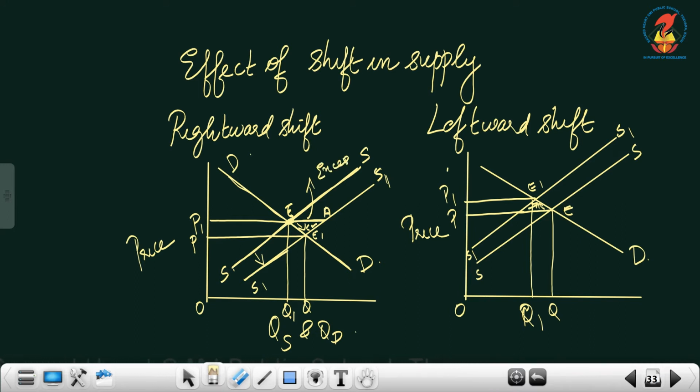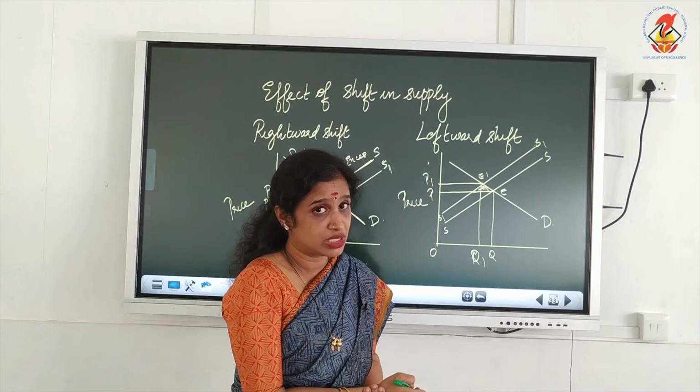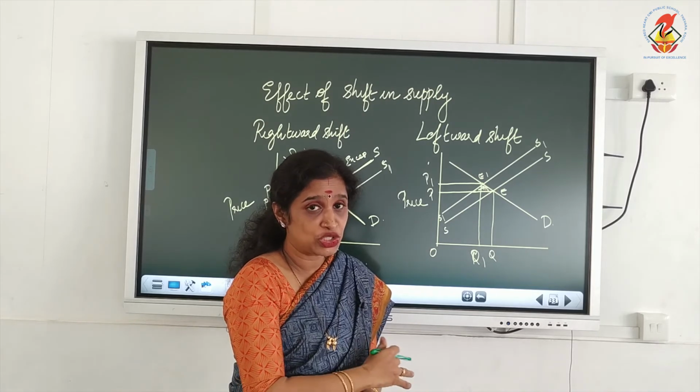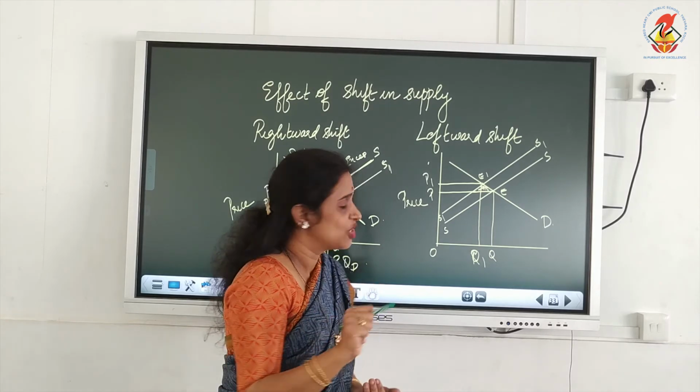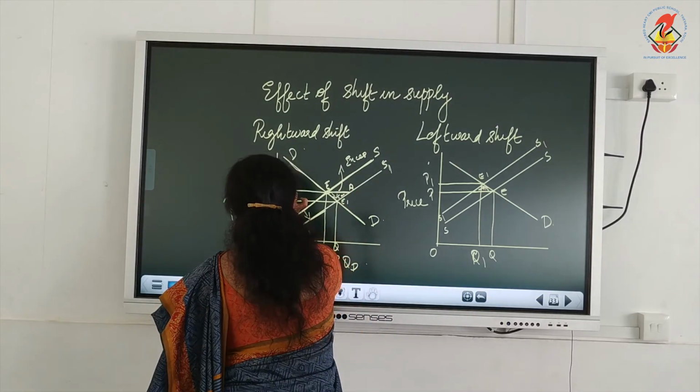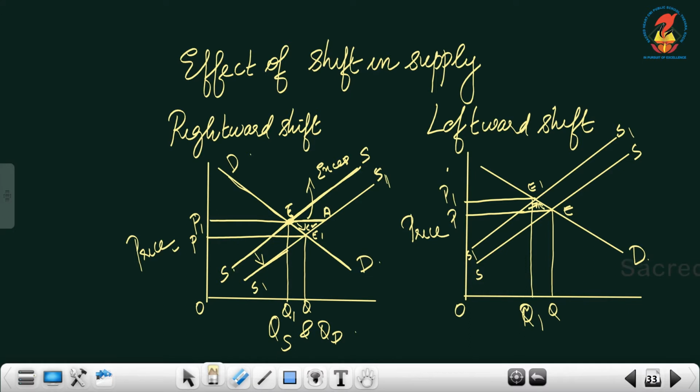Now the supply is excess. When the supply is excess, it means what? There is stock with the suppliers, isn't it? Therefore, in order to clear that stock, suppliers definitely have to reduce the price. So we will try to fix a price below P1. Now when a price is fixed below P1, the price has changed.